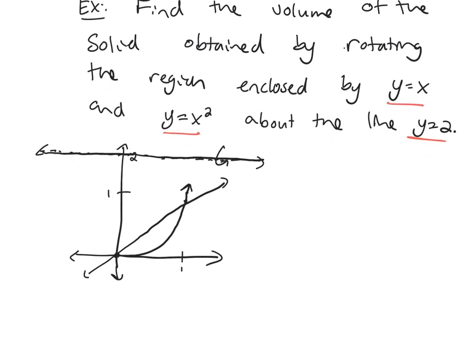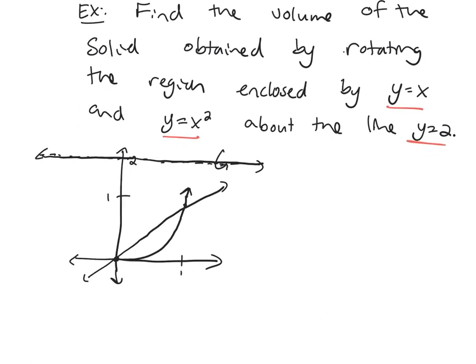Okay. So remember that we want to take our strips perpendicular to our rotation line. So here's my line. Perpendicular would be up and down. So my strips are going to be up and down, and we rotate them around our line.